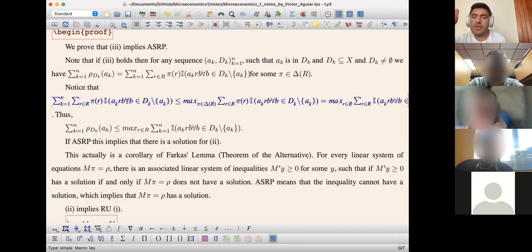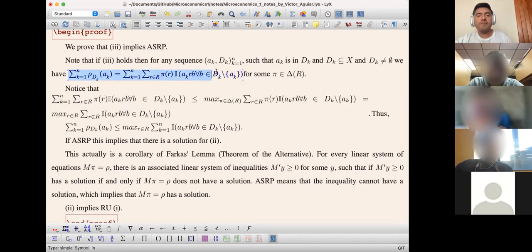Remember, I'm trying to take necessary conditions. So what is the issue with this first equality? What is the unknown part? It's the pi part. I don't know the pi, right? So instead of knowing the pi, I'm going to try to remove pi from the equation, right? What is a way to do it? I can try to maximize over all possible pi's, okay?